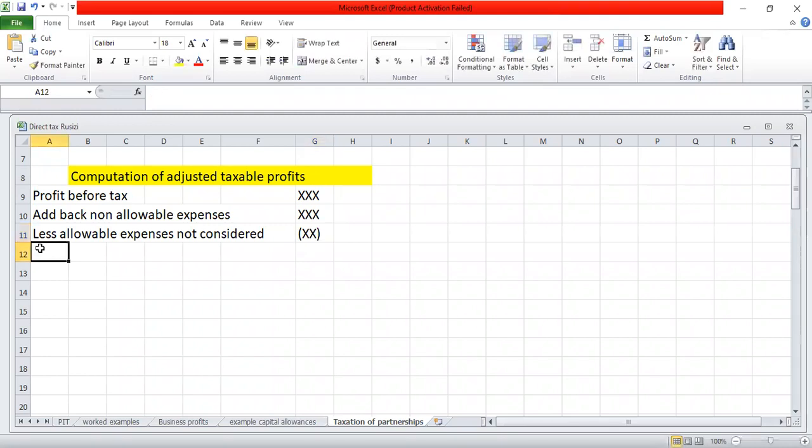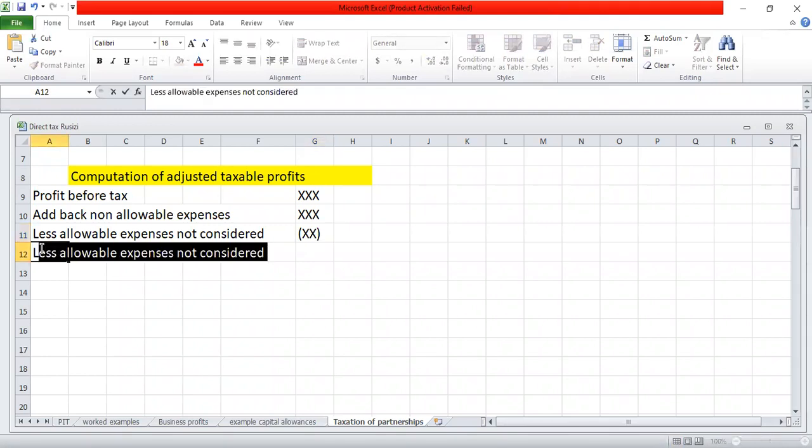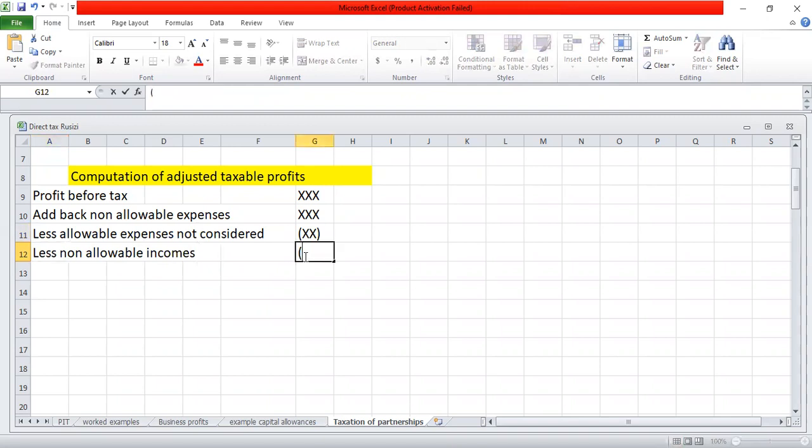Then we also less non-allowable incomes. They are incomes which may have been included in your computation, but those incomes are not allowed for tax. So you are going to less them. Then we add allowable incomes not considered.